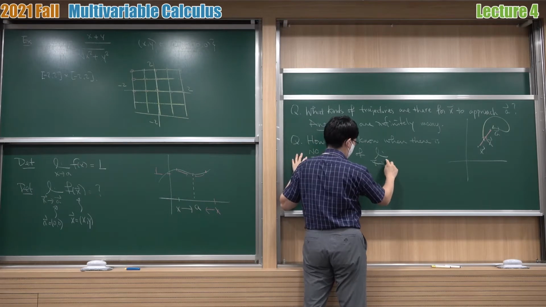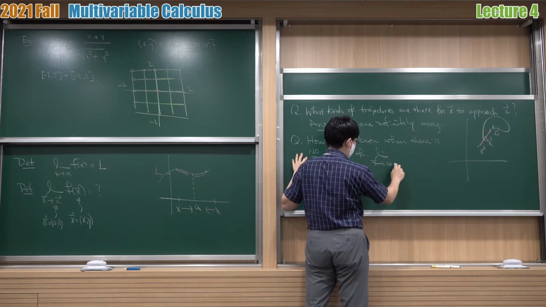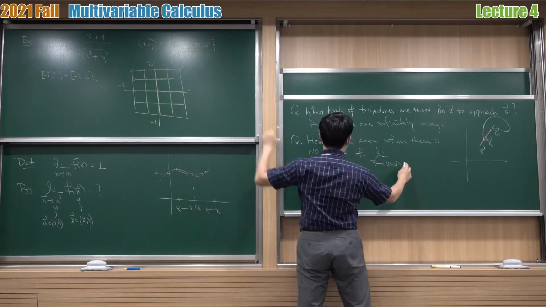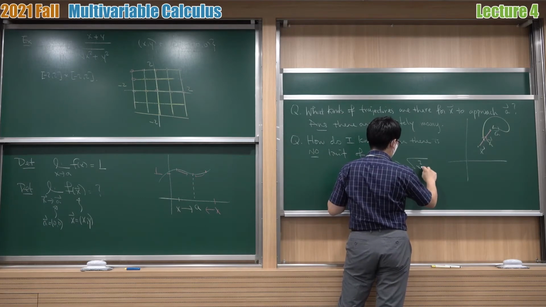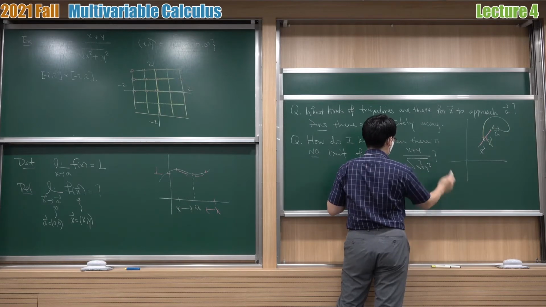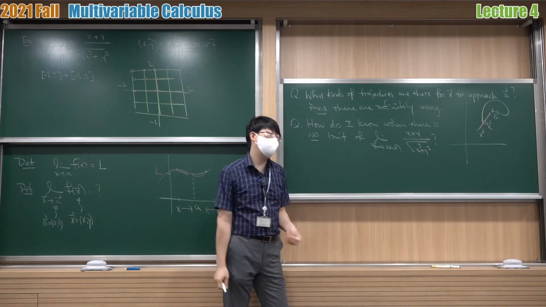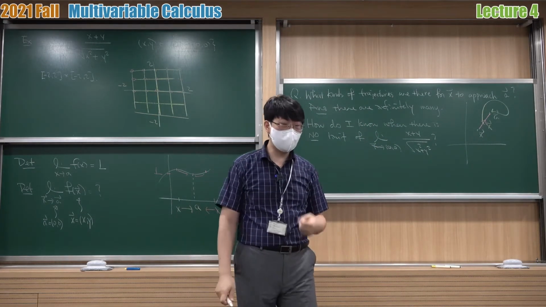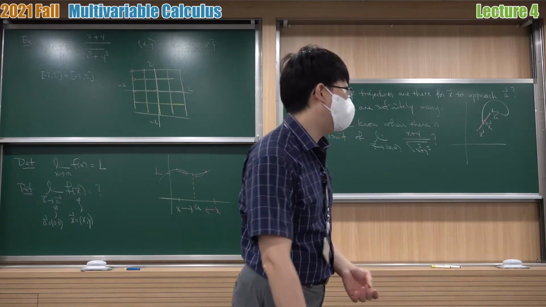For example, let's say this function. If I want to conclude that there is no limit, how do I know there is no limit?